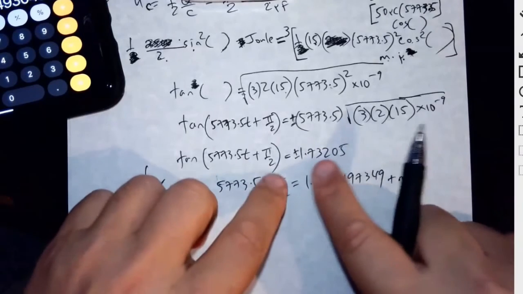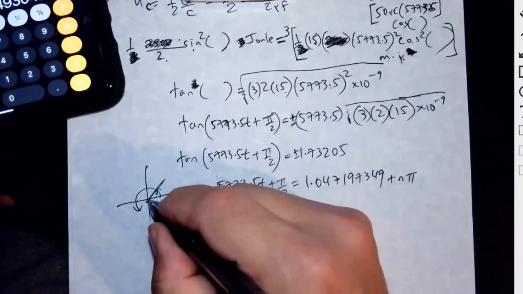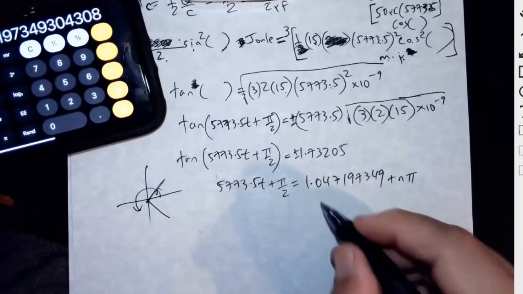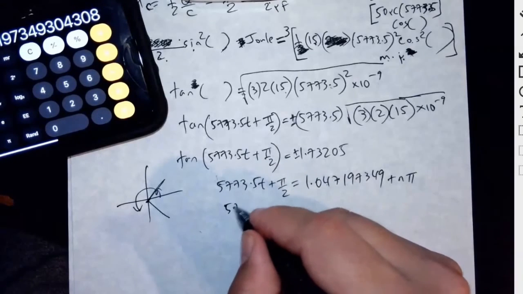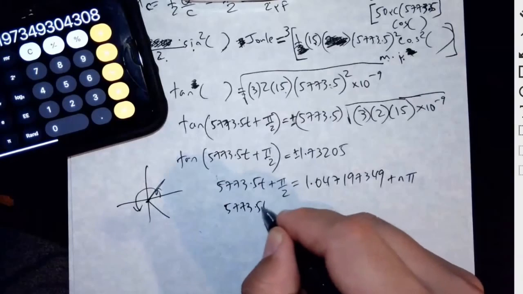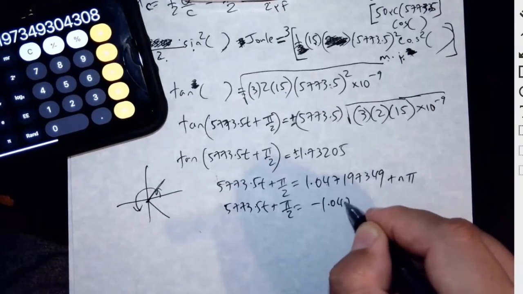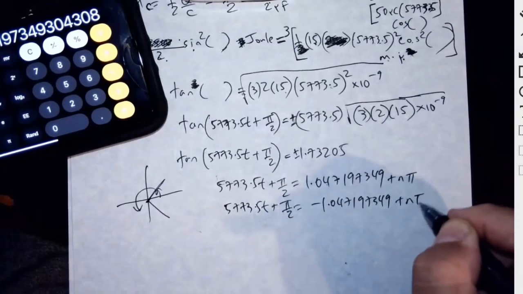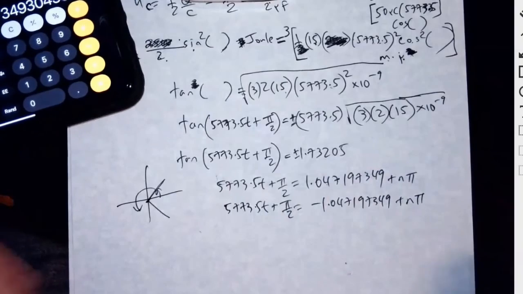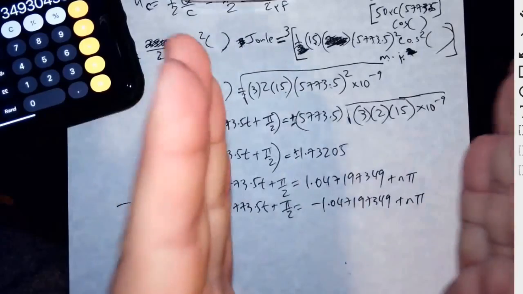And then you do the negative option, which is going to give you the fourth quadrant. It's just going to give you negative of this, right? Negative 1.0471973349 plus n pi.